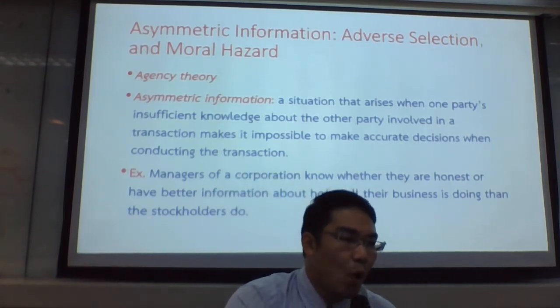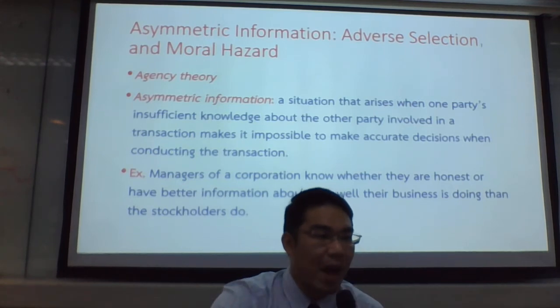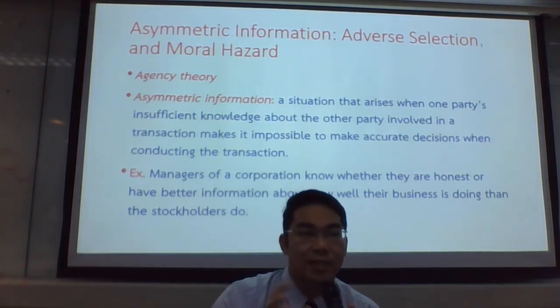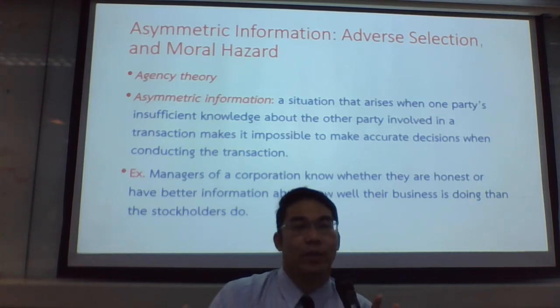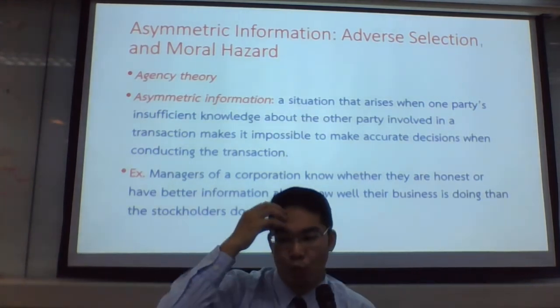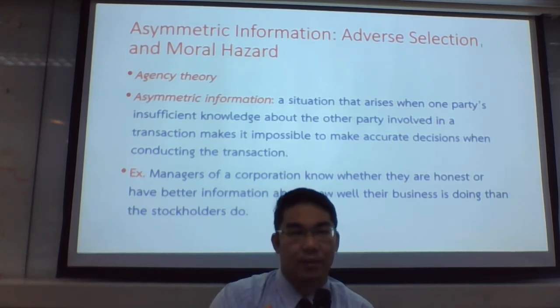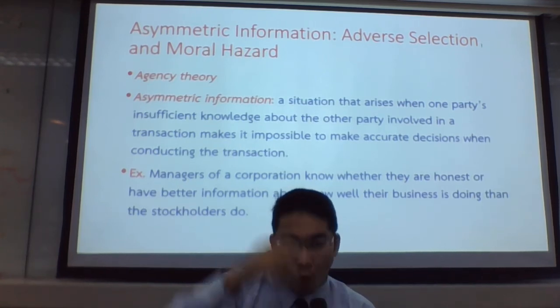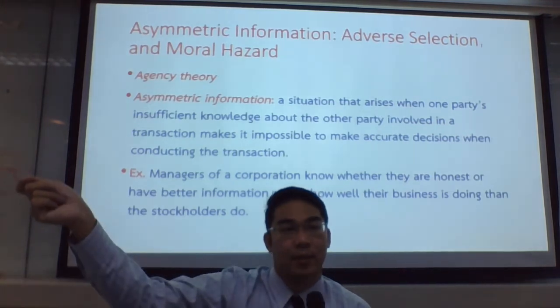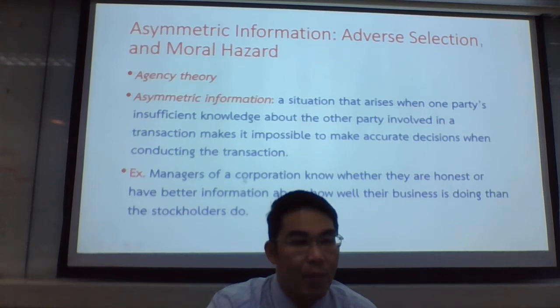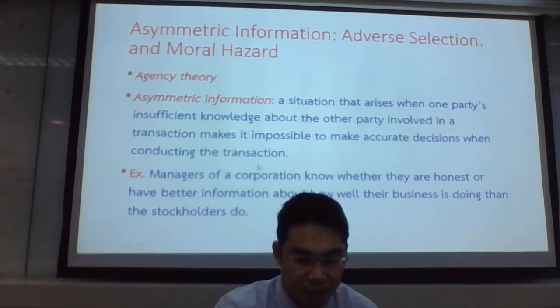A good example of this in the context of finance is the managers of the corporations and the stockholders of the corporation. The managers will have more information about the business compared to the stockholders. So we have the disparities of information here in the transaction.